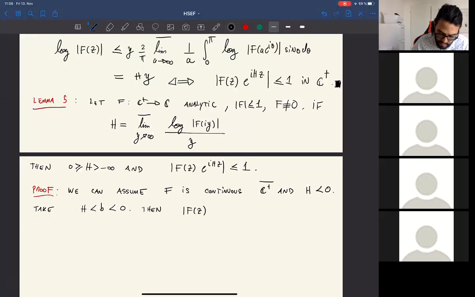Let me use this b instead. This will be bounded for some m positive. Well, because when you take the log, oh sorry, this would be bounded for z equals iy and y large.